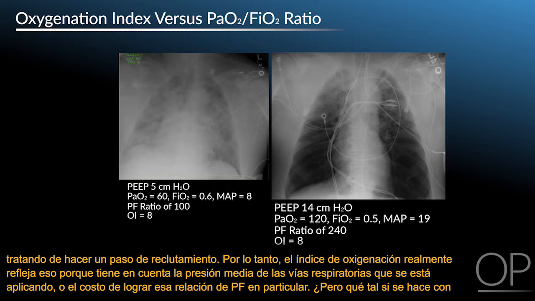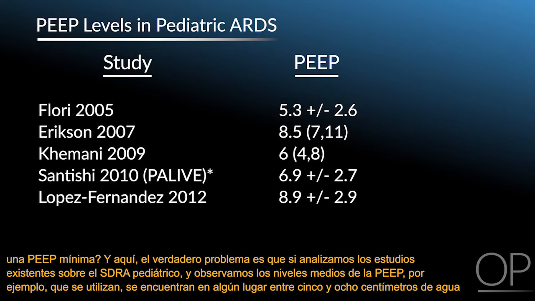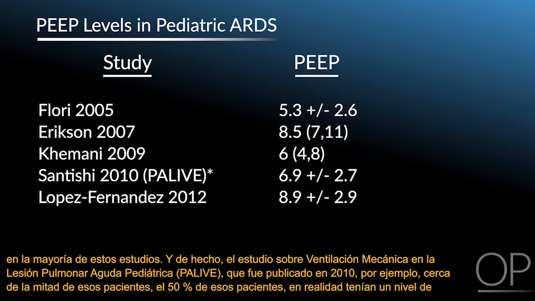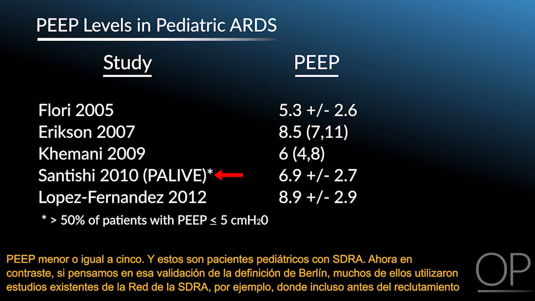But what about doing it with minimal PEEP? And here the real problem is if we look at existing studies in pediatric ARDS and we look at the median PEEP levels that are used, they lie somewhere between 5 and 8 centimeters of water in most of these studies. And in fact, in the PALICC study, which was published in 2010, about half of those patients, 50% of those patients, actually had a PEEP level of less than or equal to 5, and these are pediatric ARDS patients.